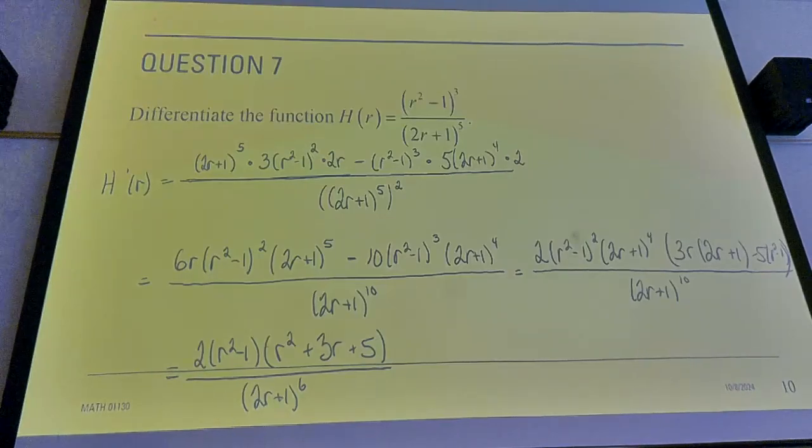Yeah, and I do not believe that r squared plus 3r plus 5 can factor. So there's the derivative.